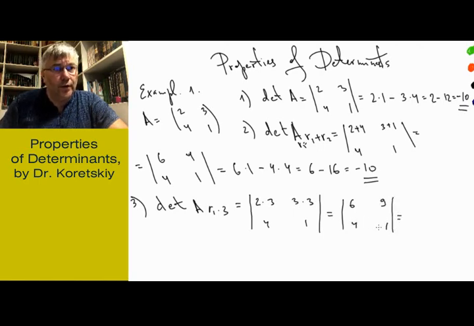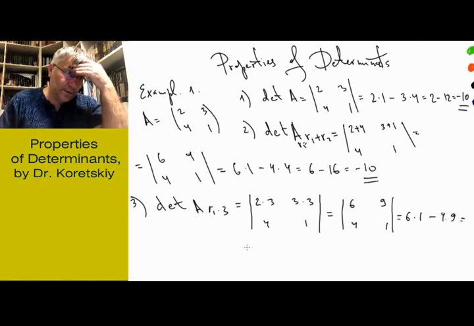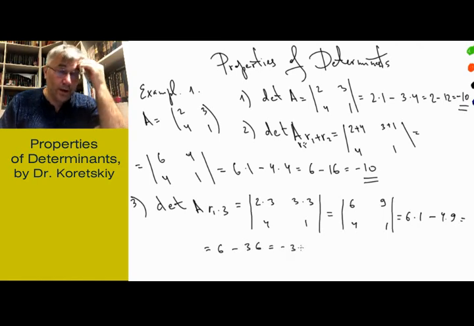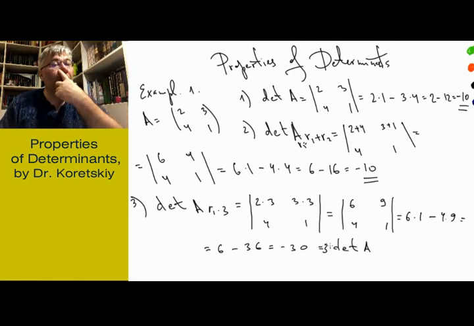If I calculate the determinant of this matrix, I have 6 times 1 minus 4 times 9, that is 6 minus 36, and it is minus 30. You can notice that this determinant equals the determinant of the matrix A multiplied by 3, exactly as it was stated by the property.